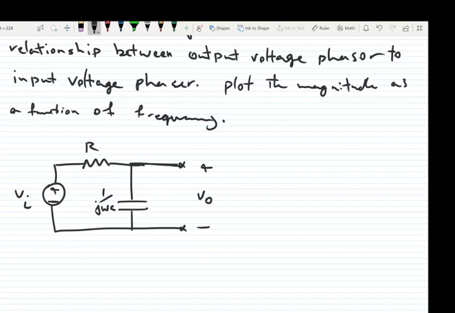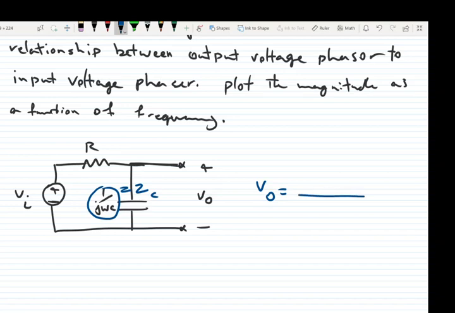So here is the circuit, and we want to find the gain, which is the relationship between the output voltage phasor and the input voltage phasor. The simplest way, as we learned so far, is voltage division. This one is the same as ZC. Which rule should we use here? Voltage division.